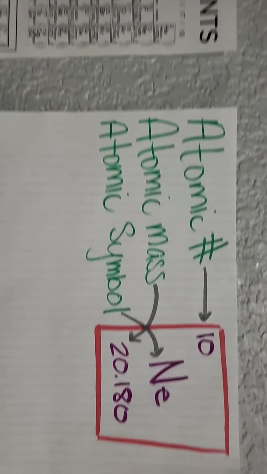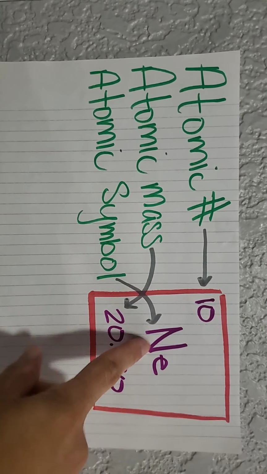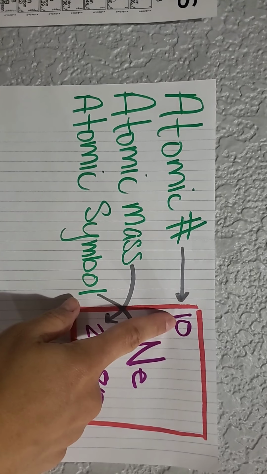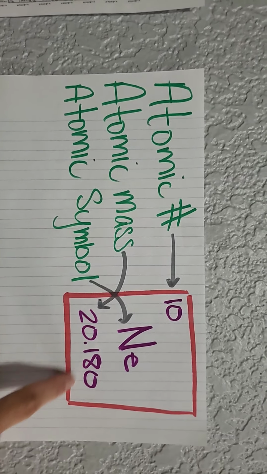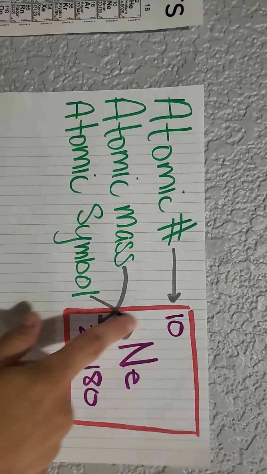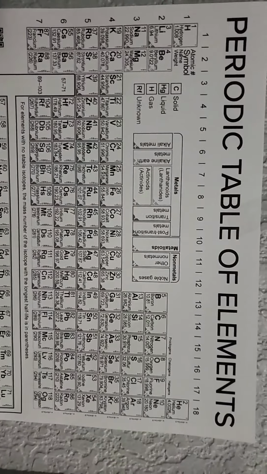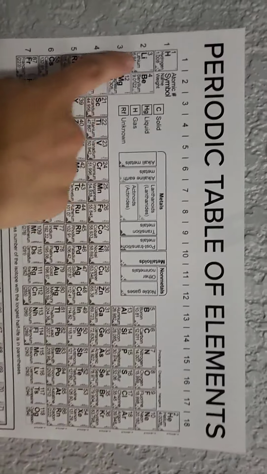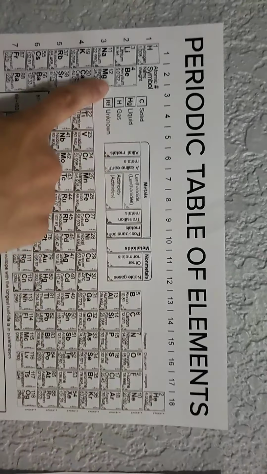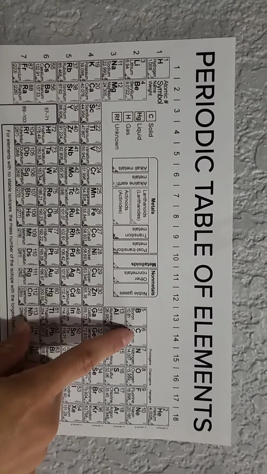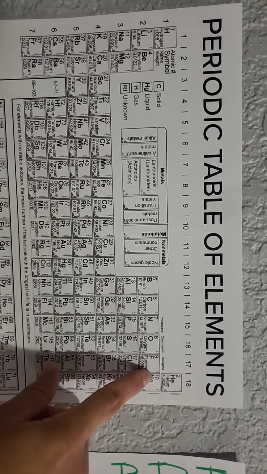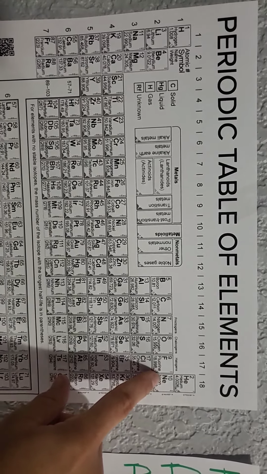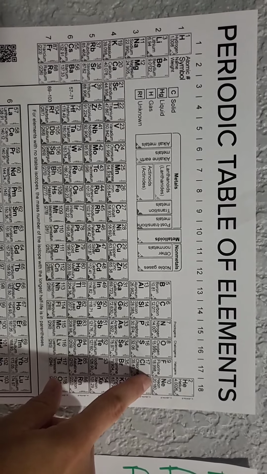For neon, we've got an atomic number, 10, an atomic mass, 20.180, and the atomic symbol, Ne. Okay, I'm going really fast. Neon is number 10. They go in order: 1, 2, 3, 4, 5, 6, 7, 8, 9, 10. So you've got our atomic number, our atomic symbol, and the atomic mass.